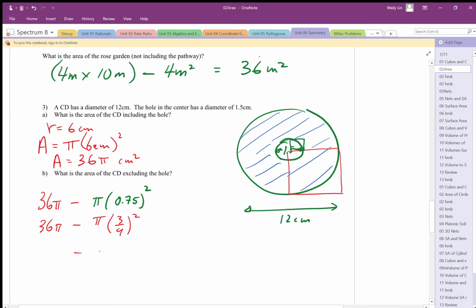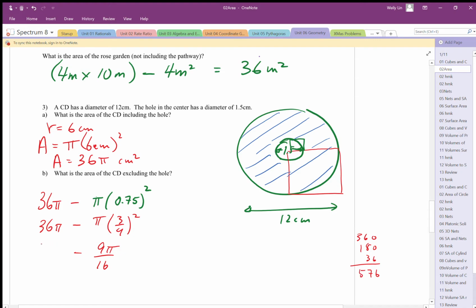I'm going to get 9 pi over 16, and 16 times 36 is 360. 5 times 36 is going to be 180, plus the extra 1 for 36, I'm going to get 576.